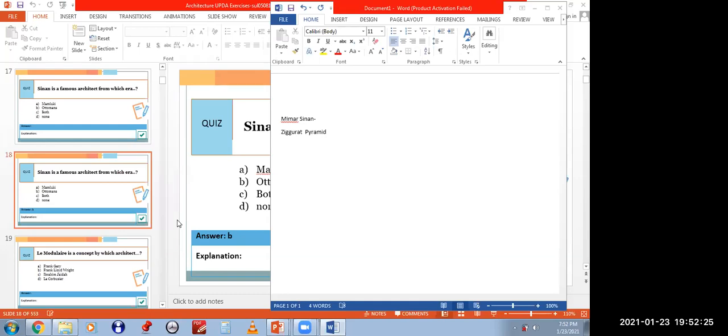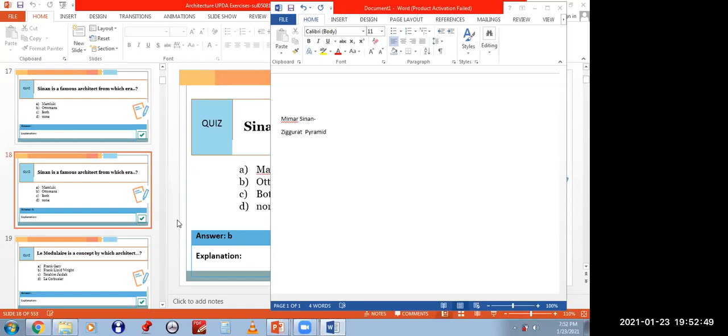The difference in shape is that a pyramid has a square base, and a ziggurat has a rectangular or circular base. Please write this down.